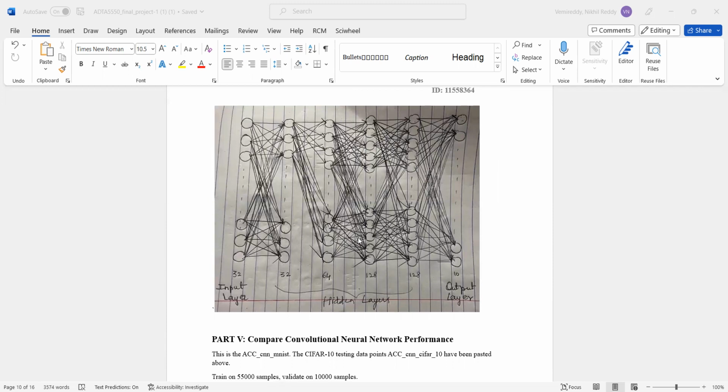Here we can see there are 32 input layers, and we have hidden layers and 10 output layers. The input layer of a neural network is composed of artificial input neurons and brings the initial data into the system for further processing by subsequent layers of artificial neurons.